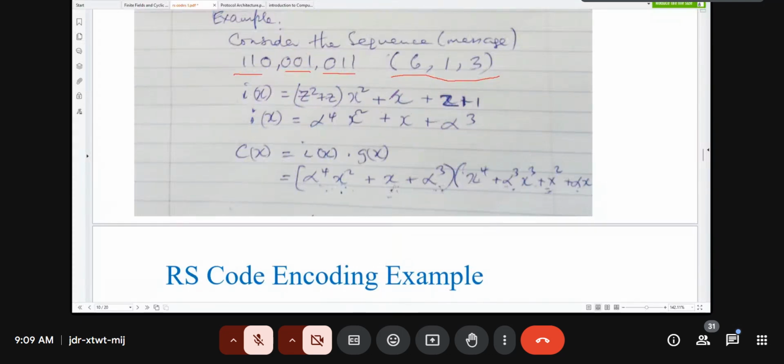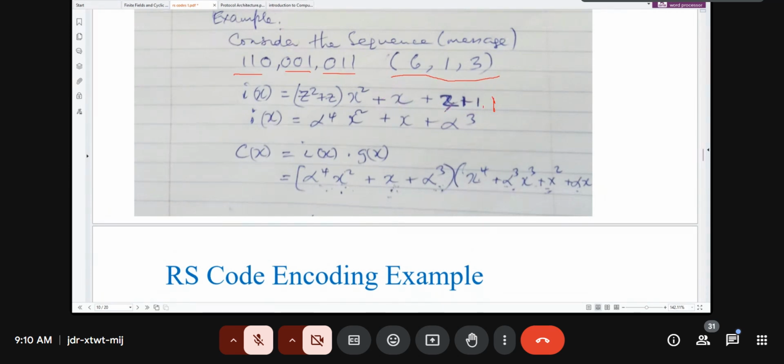So this symbol here is just x, because this is supposed to be the coefficient. The coefficient of this is just 1. The coefficient of this is z plus 1; this is z plus 1 times 1, because we have x to the power of 2 plus x plus 1.